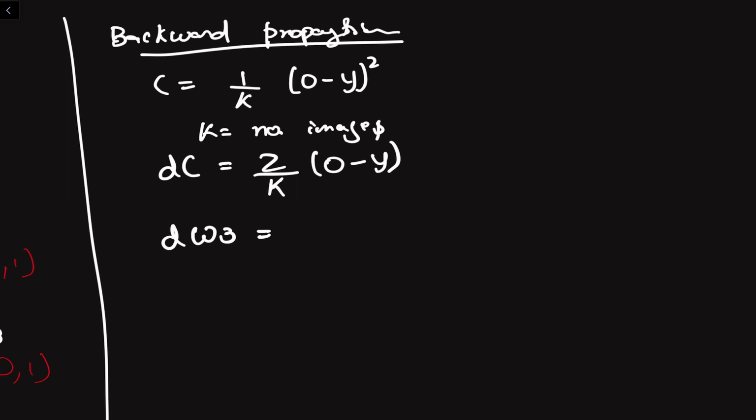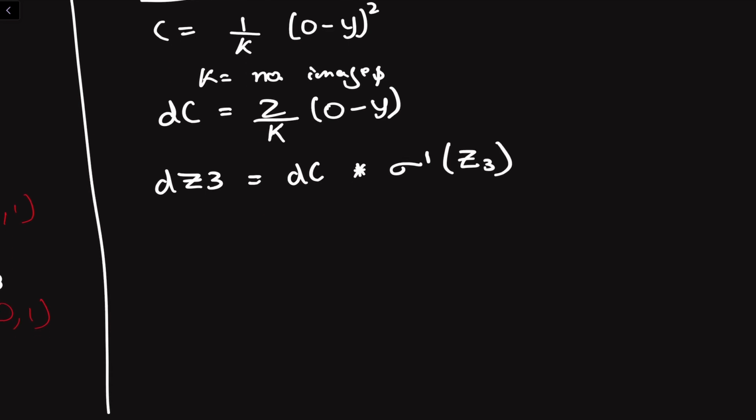Okay, so before this, let me write DZ3. DZ3 is nothing but DC, element-wise multiplication of sigma dash of Z3. All right, and here it's element-wise multiplication. This is 10,1. This is 10,1, and resulting will be a 10,1 as well.